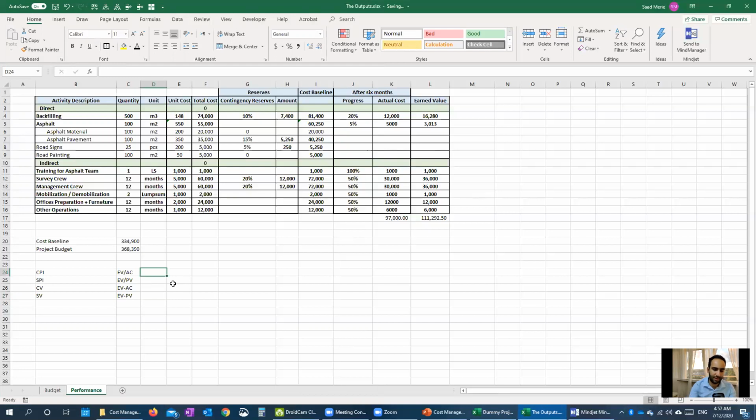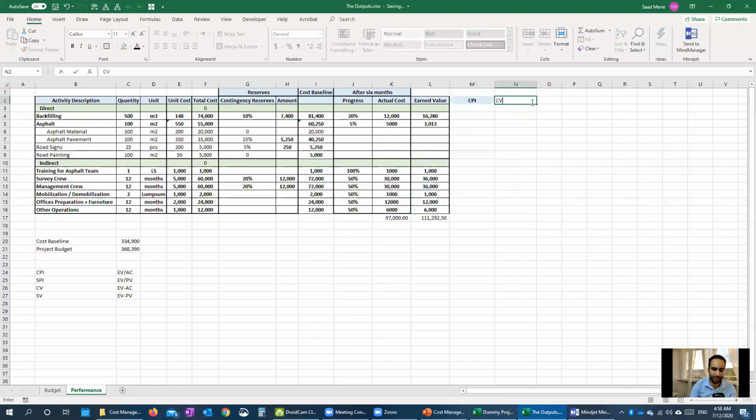And then, since we are not very interested in the SPI now, we can just calculate the CPI. So the CPI for the earned value here, we will do this for each one of the activities. So let's call this CPI. Let's call this CV. So CPI here is earned value divided by actual cost.